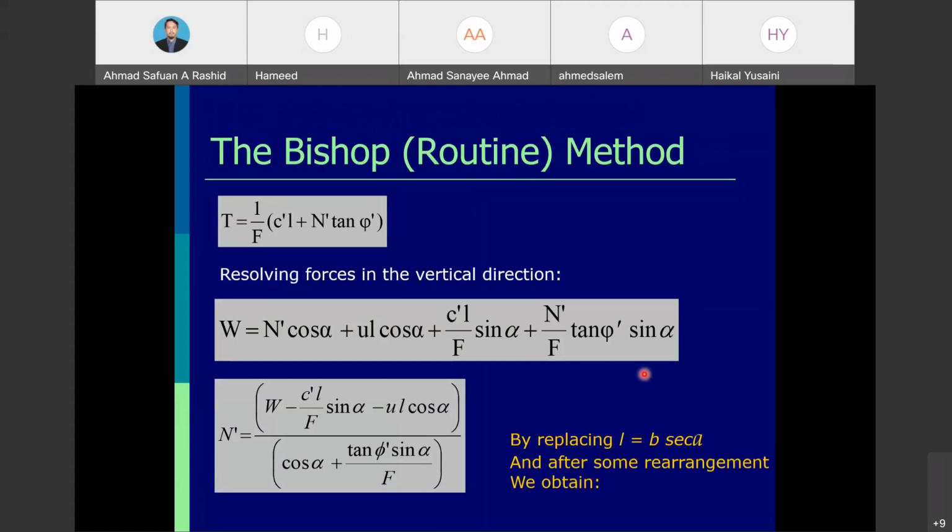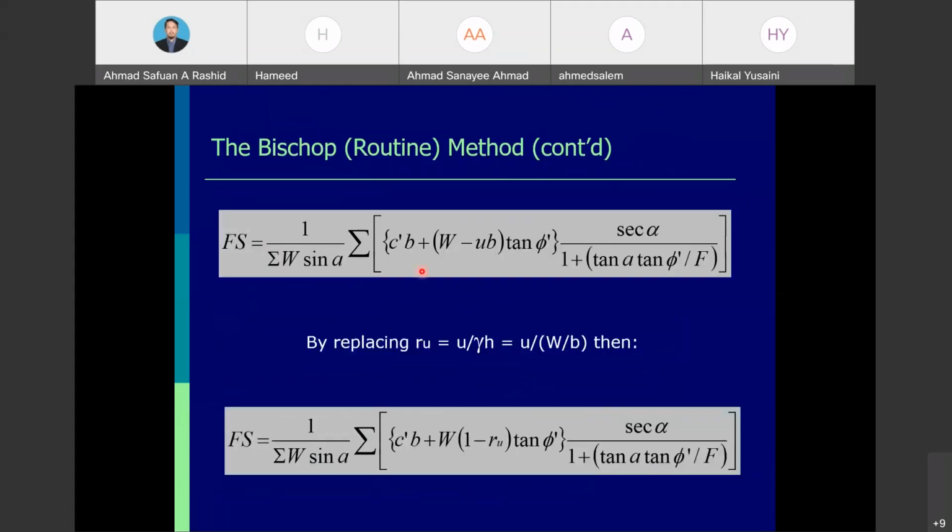So this is what has been improvised by Bishop, but it's very tedious. Why? Because we need to identify the factor of safety on the left and also the factor of safety on the right. For example, this is the factor of safety on the left.